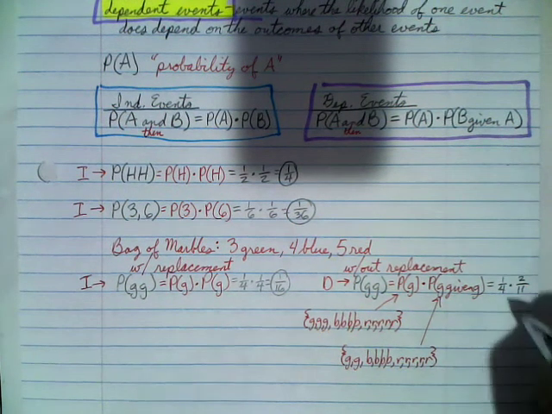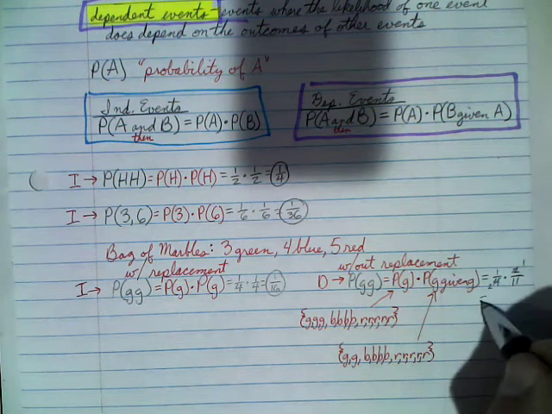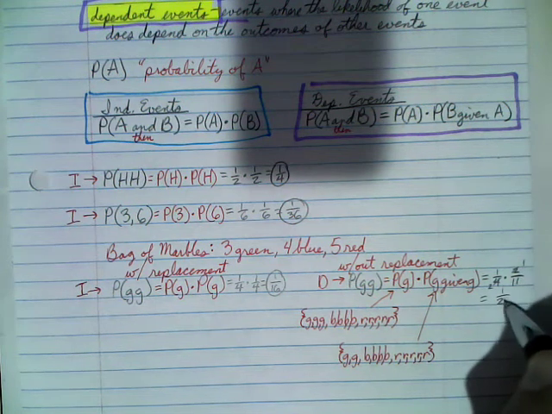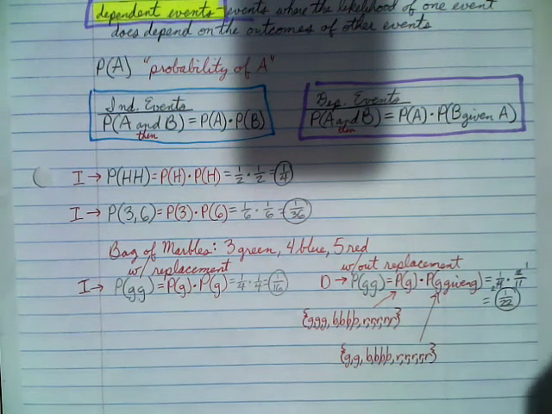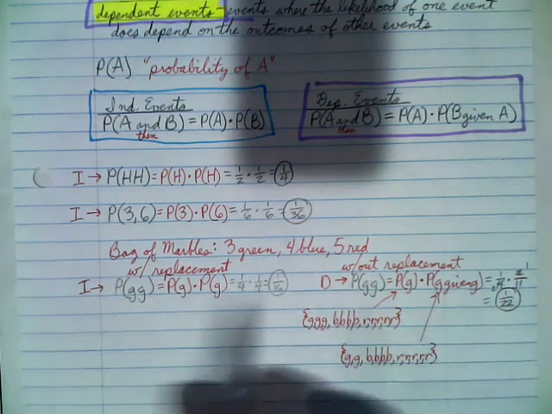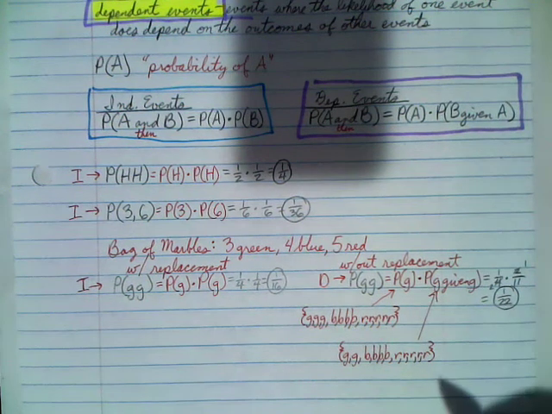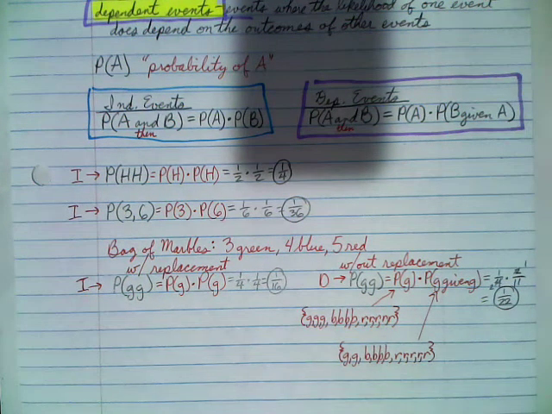Well, a little reducing before multiplying. And then if I multiply this up, the combined probability is 1/22. So if we replace the green marble, we have a 1/16 chance of getting 2 greens. If we do not replace the marble, we only have a 1/22 chance of getting 2 greens.